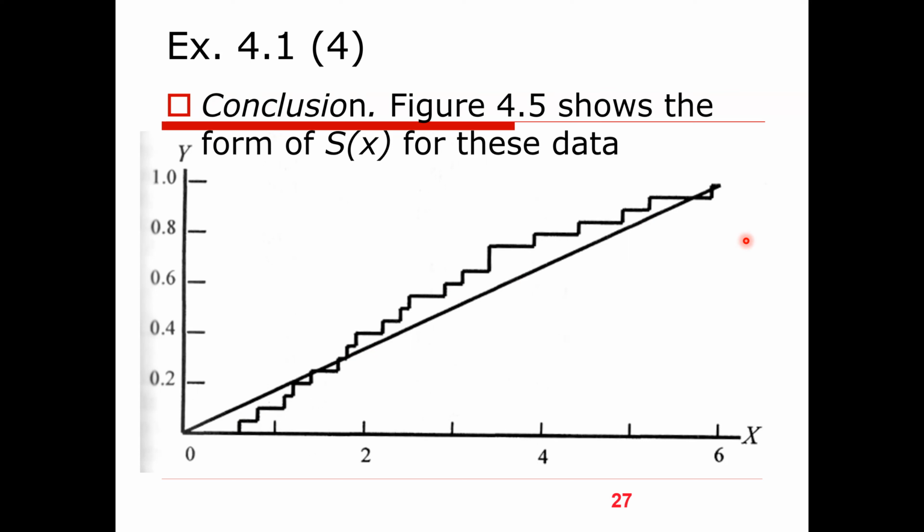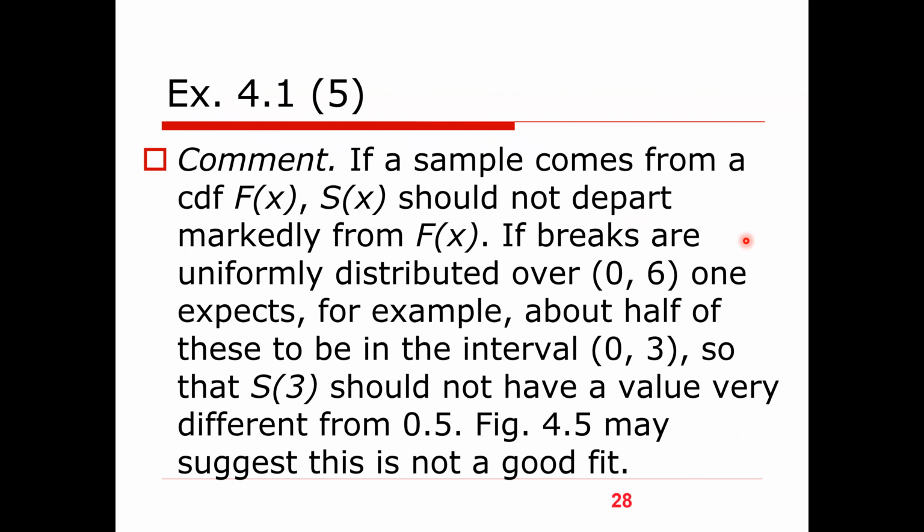So let's see the observations we can get. If a sample comes from a CDF for a uniform distribution, the Sx should not depart markedly from the CDF Fx, right? If the sample is uniformly distributed, then half of the observations should be in the lower half range, and the other half should be in the upper half, right?